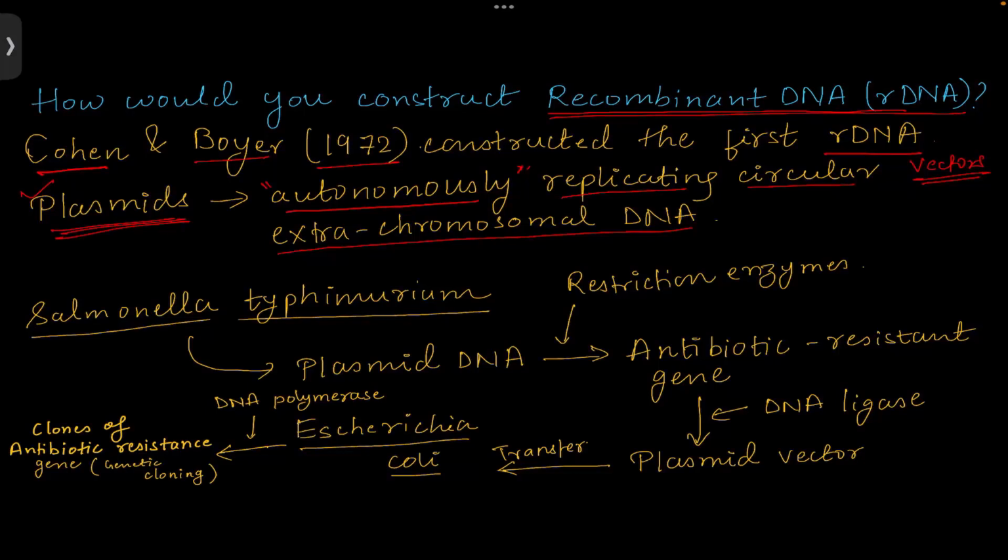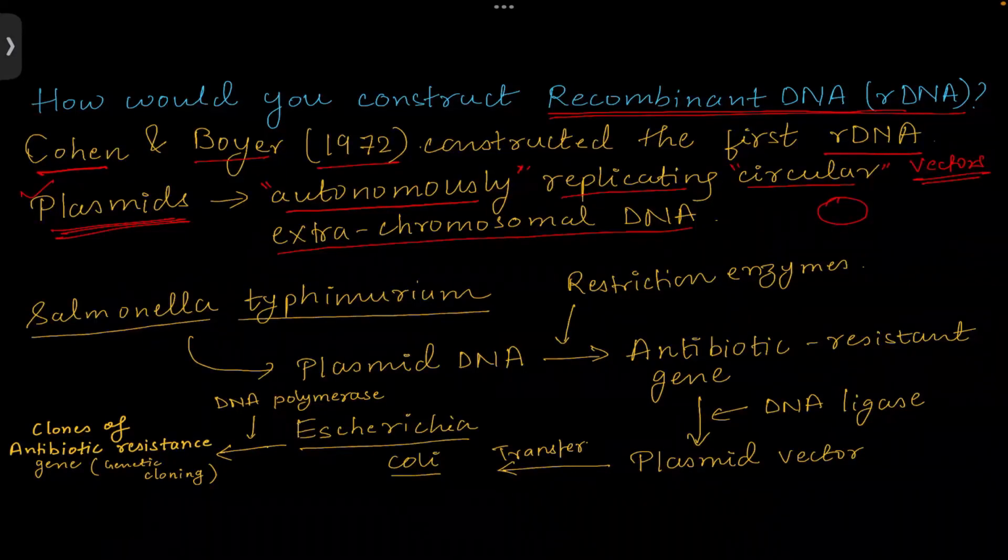Also, they are circular DNAs, whereas normal chromosomal DNAs are linear, and they are extra chromosomal, meaning they are not linked to the chromosomal DNA.